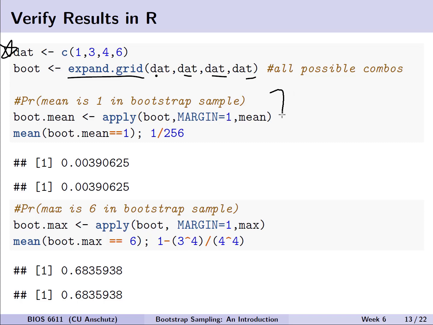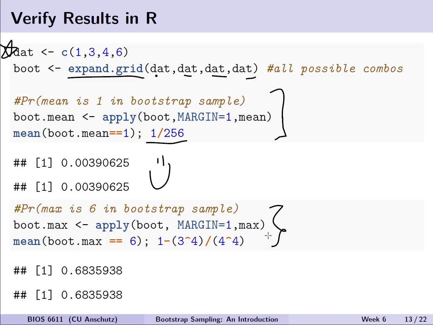Then for our first question about the mean, the probability that the mean is 1, we can use the apply statement and then ask R, well, how many times is the mean actually equal to 1? Compare that to our 1 over 256 we calculated before, and we see that these values match.